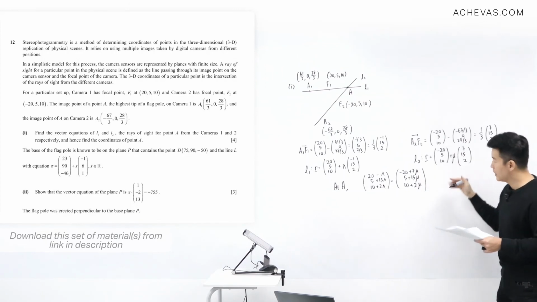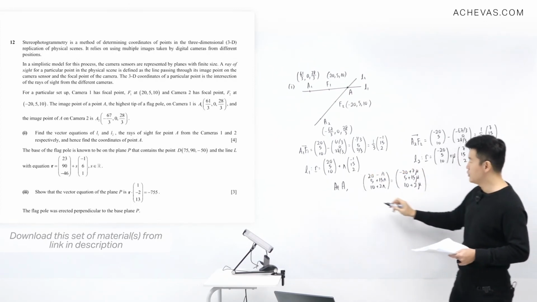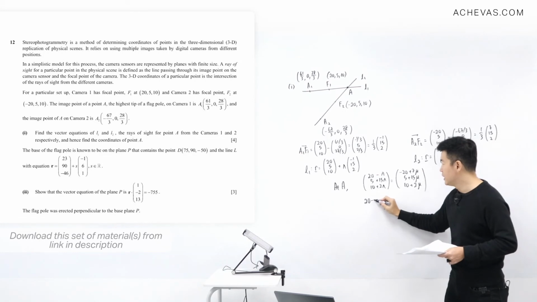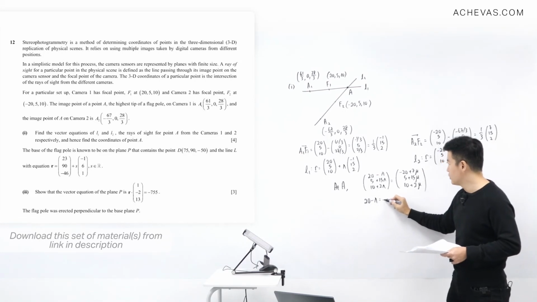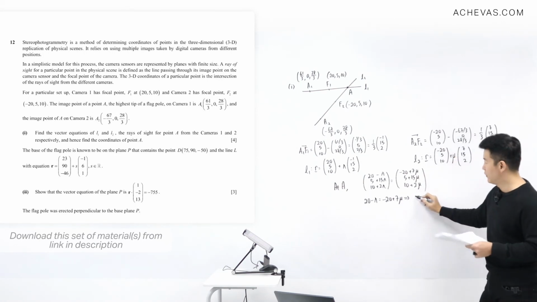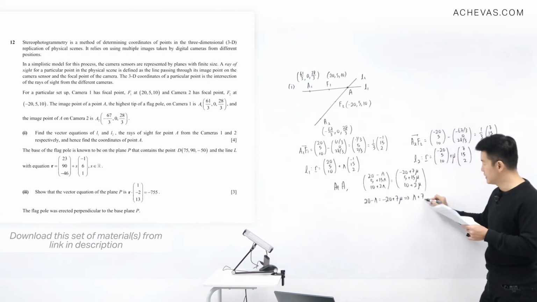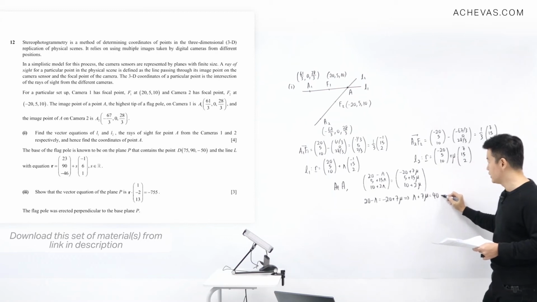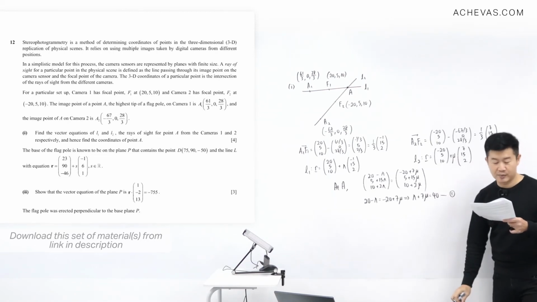For the first row, we have 20 minus lambda is equal to minus 20 plus 7 mu. This gives us our first equation, lambda plus 7 mu is equal to 40. This is equation number 1.